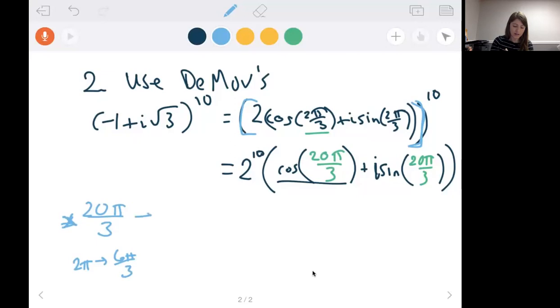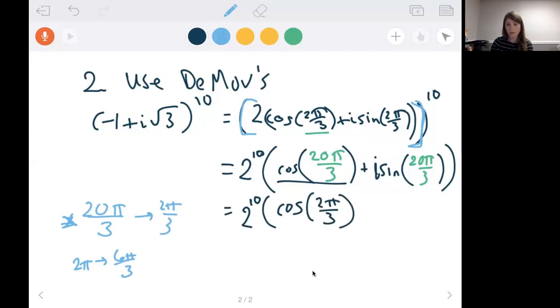So if we subtract this back out, 20 pi over 3 is really equivalent to 2 pi over 3. Then when we take a look at putting this back in, it allows us to condense this back. Now, this particular one is kind of cool in that when we reduced this 20 pi over 3, we got back to a 2 pi over 3, which was actually the angle that we started with. That doesn't always happen.